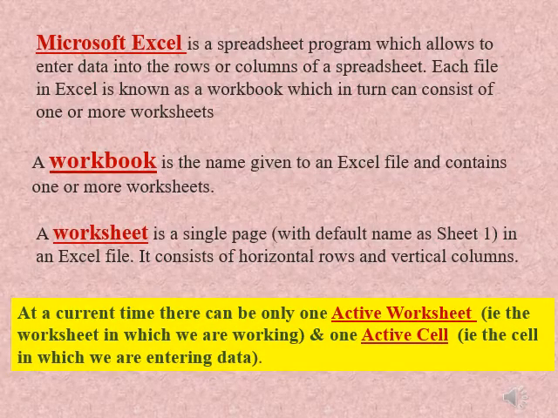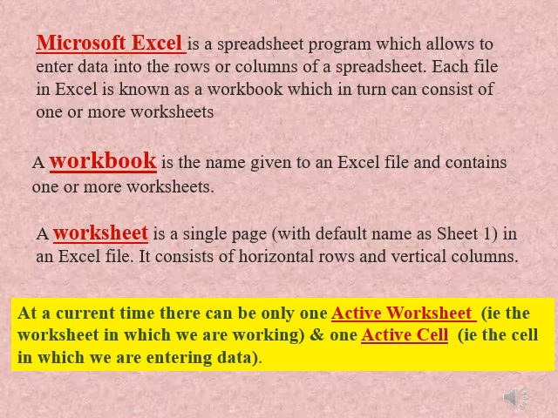A few definitions first. Microsoft Excel can be defined as a program which allows you to enter data in the form of rows and columns known as a spreadsheet. Each file in Excel is referred to as a workbook, which in turn consists of one or more worksheets.